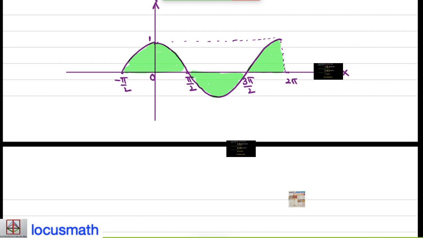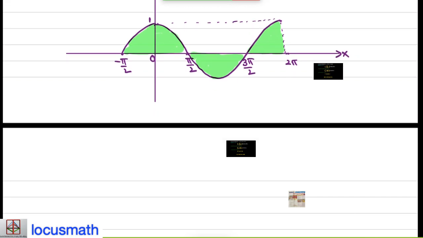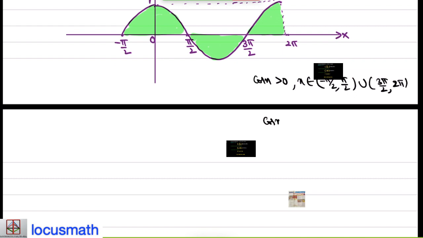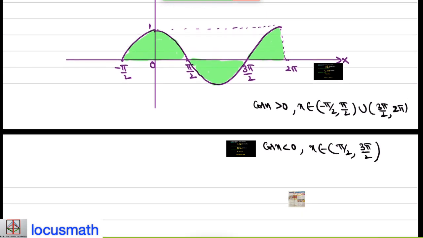So cos x is greater than 0 for x belongs to minus pi by 2 to pi by 2 union 3 pi by 2 to 2 pi, and cos x is negative for x belongs to pi by 2 to 3 pi by 2. That's why we need to break the limits.